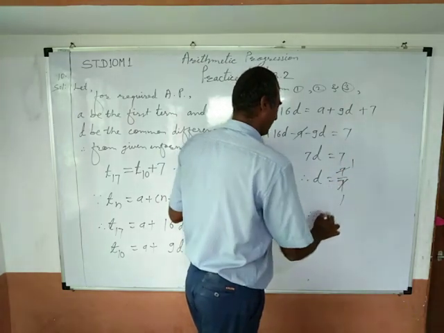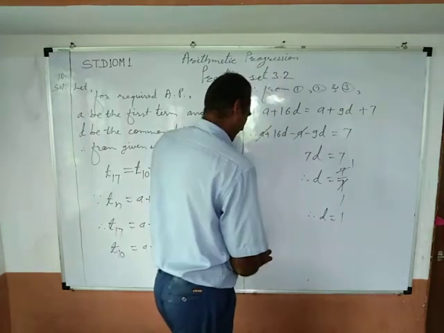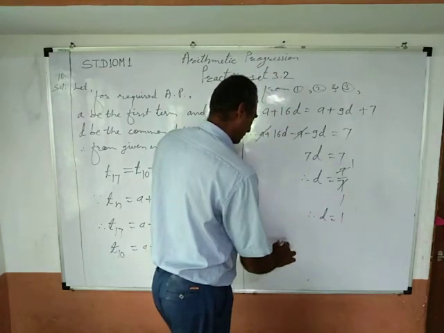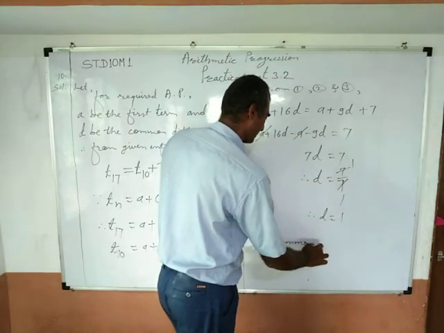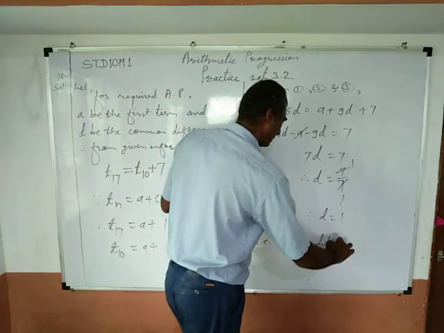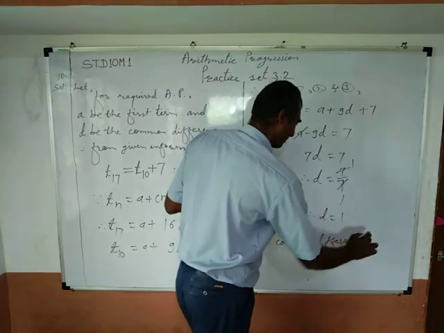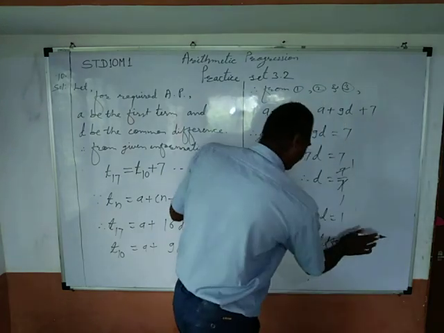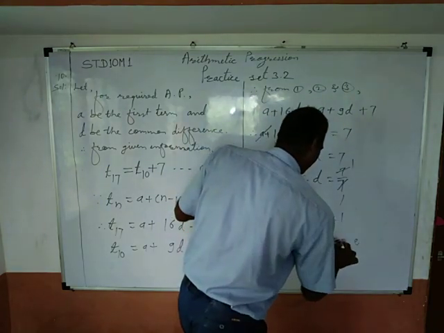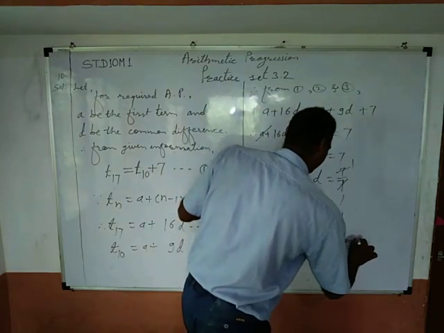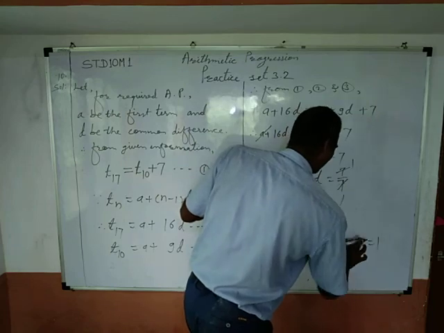And therefore d equals 1. That is the common difference. Common difference equals 1.